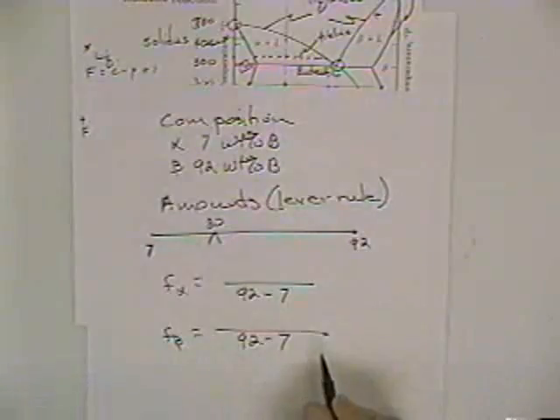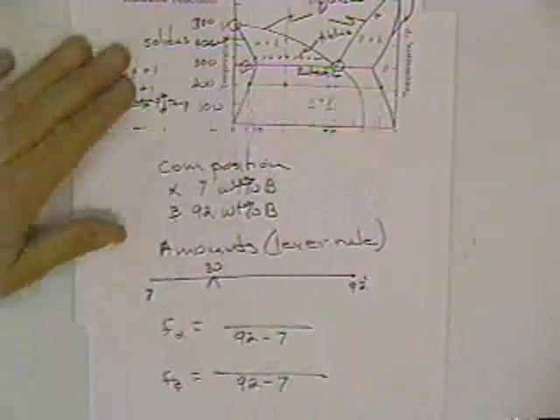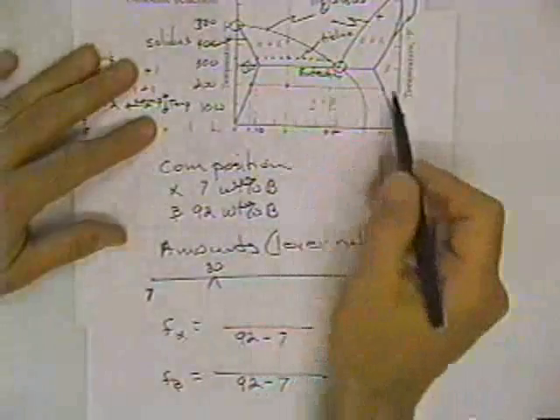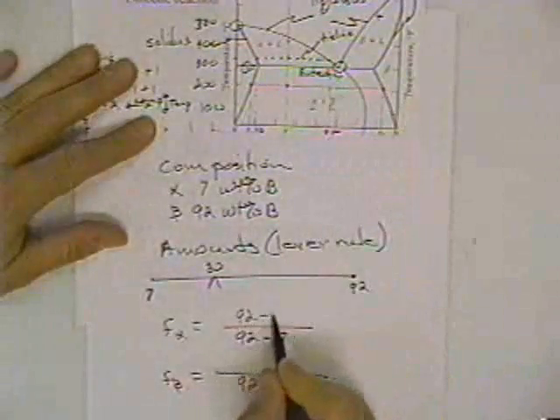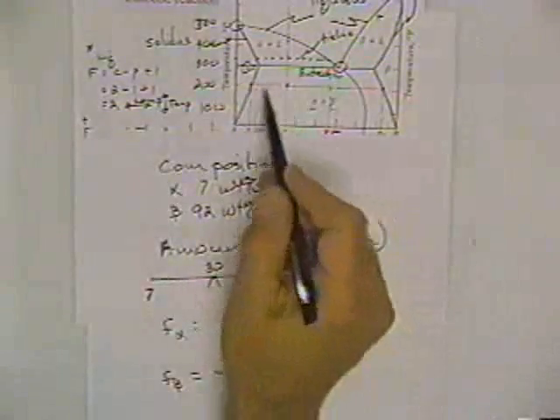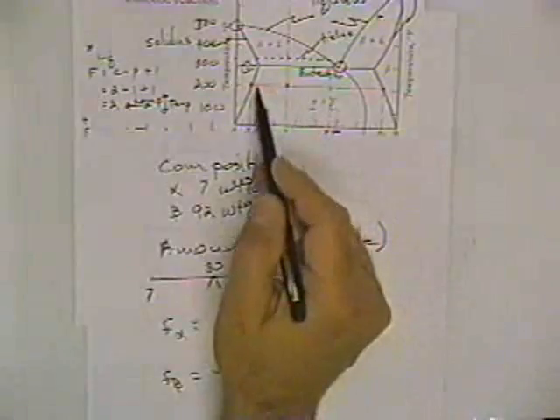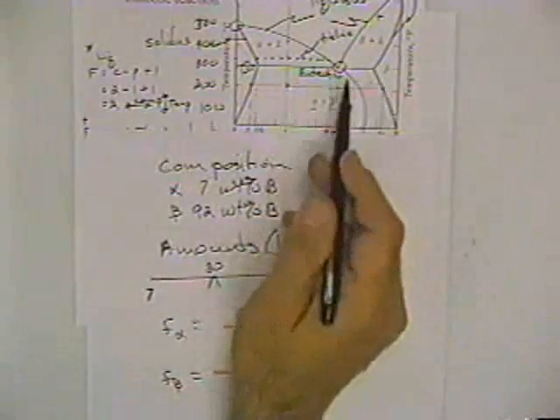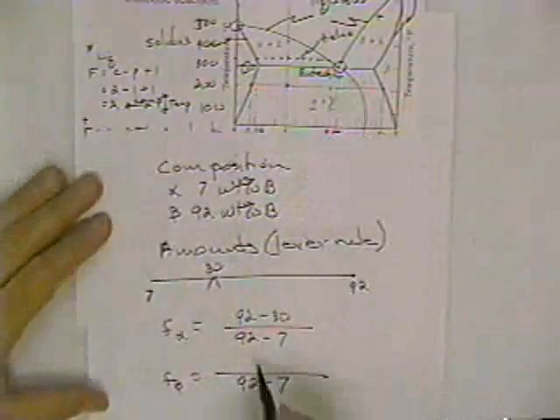Now we're a little concerned about the numerator. What are we going to put? Well, if you can remember that it's the opposite side, the alpha is going to be 92 minus 30. Say again, well, how did I know that? Well, you're on the alpha side of the diagram. If you were over here, you know it would be mostly alpha. So it's got to be the bigger portion of the line over the total line.